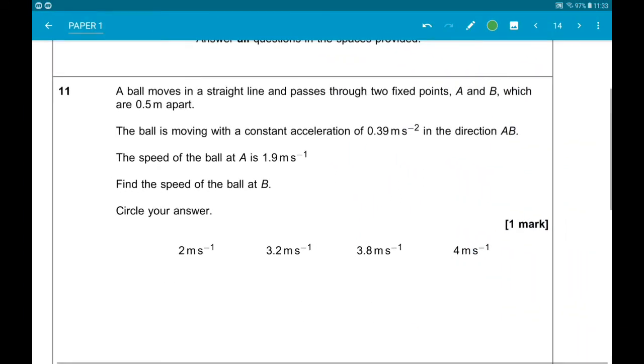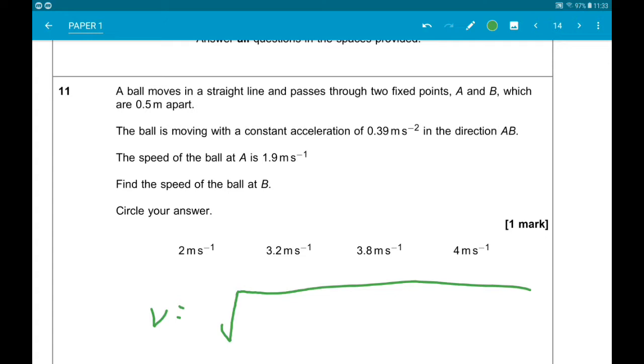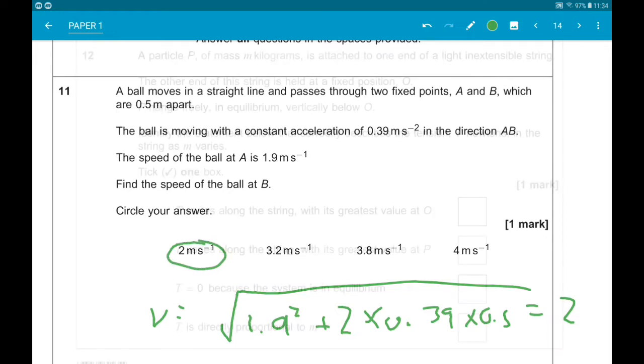Now from that we can get that V is the square root of 1.9 squared add 2 times 0.39 times 0.5, and that gives us 2. So the answer is 2 meters per second.